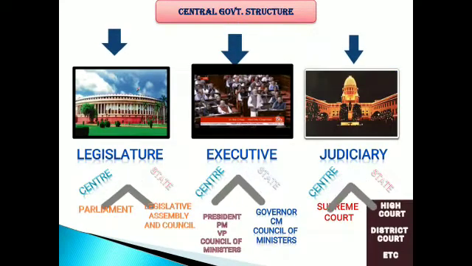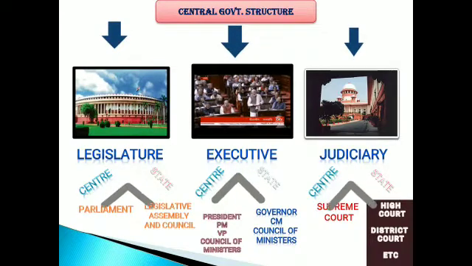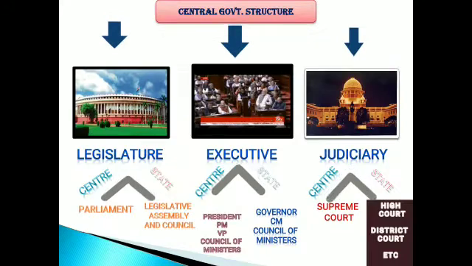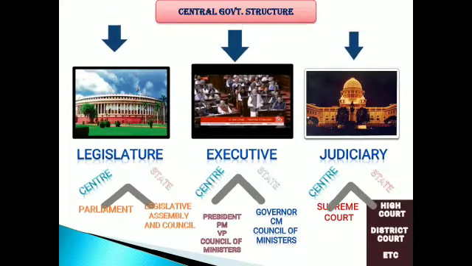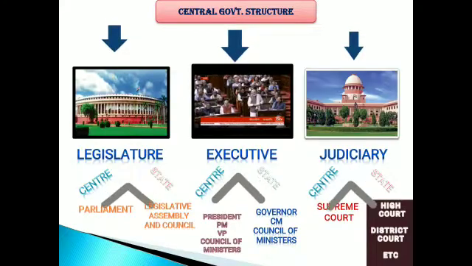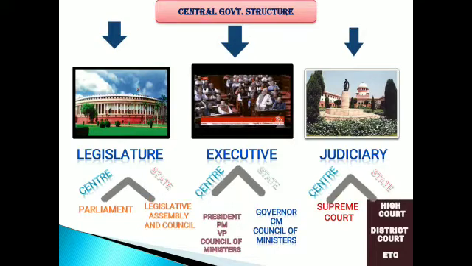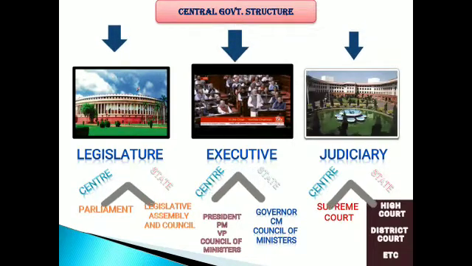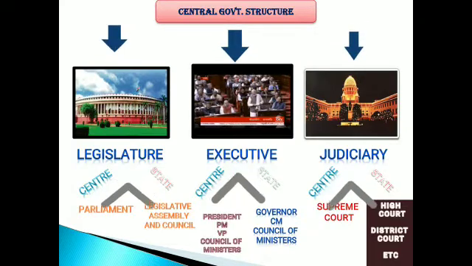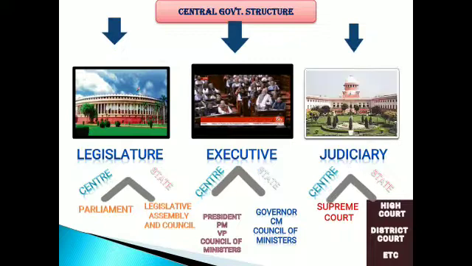First, the legislature at the state level as well as at the central level. At the central level it is the parliament that makes laws, and this parliament consists of two houses: Lok Sabha and Rajya Sabha. At the state level, almost all the states have a legislative assembly, and only 5 states have a legislative council.